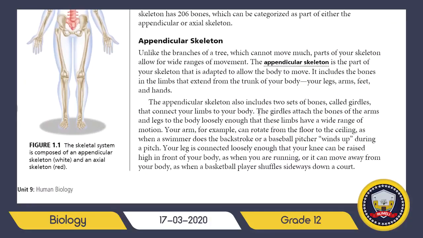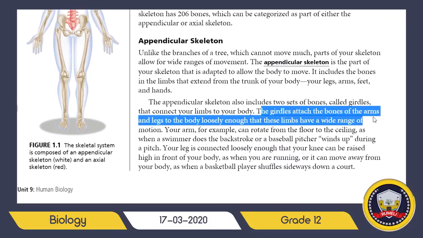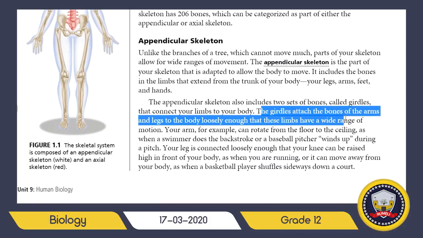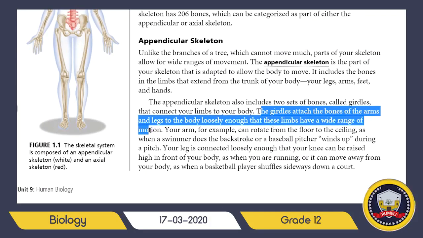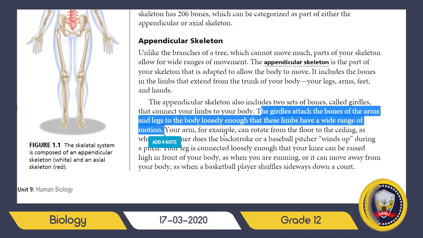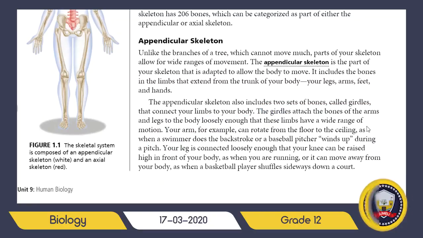For example, your arm can rotate from the floor to the ceiling, as when the swimmer does the backstroke, or when the baseball pitcher winds up.